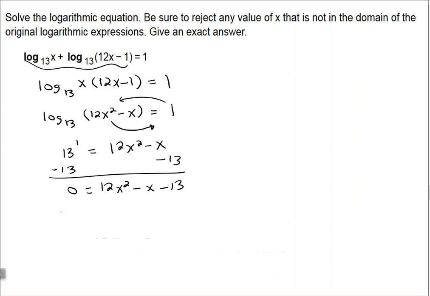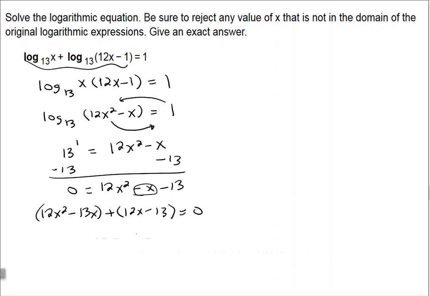So I can rewrite this as 12x squared minus 13x plus 12x minus 13. Using the AC method, I split the negative 1x into negative 13x plus 12x.